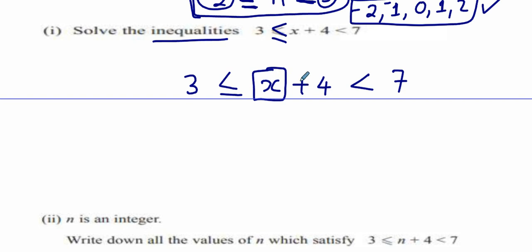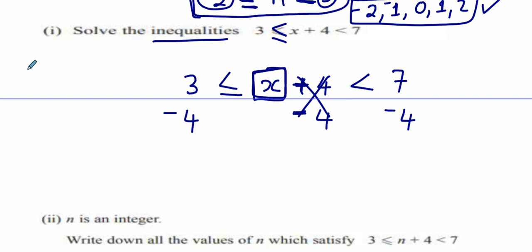Here we have plus 4, so you do the inverse of addition, that is minus 4 on both sides. Can you see that? So plus 4 minus 4 will be 0, leaving x alone here.